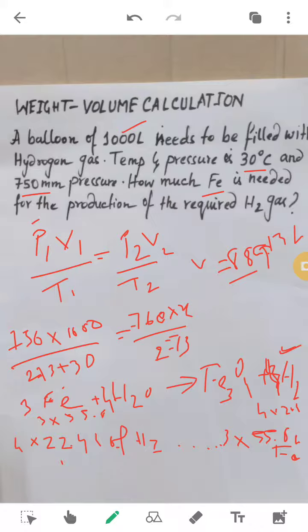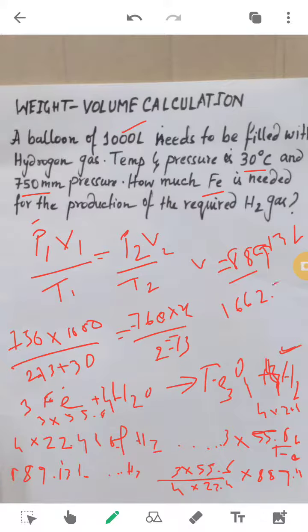I'm not doing that step, I'm just going for the last step: 889.13 liter of hydrogen will be obtained from 3 into 55.8 divided by 4 into 22.4 into 889.13, and the result comes as 1662.52 grams.